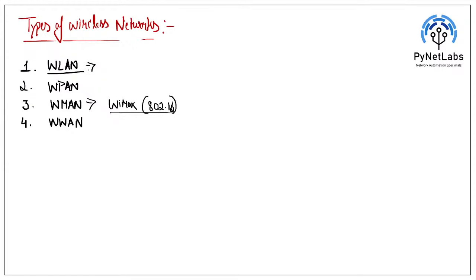So guys, as we know that we have discussed two wireless devices, which is your access point and your wireless LAN controller. So in the wireless session, we are only talking about the LAN.